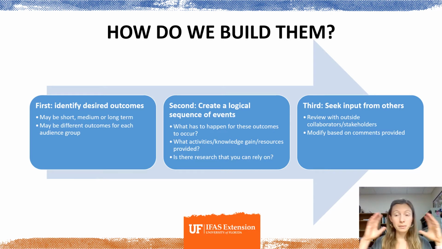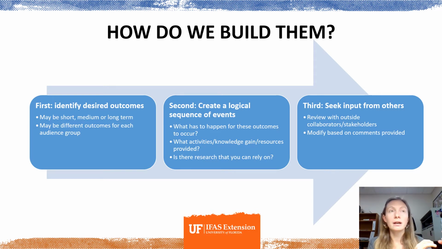That's a big picture, long-term outcome. A medium-term outcome associated with that kind of a program might be these institutions and schools have adopted healthy eating habits and walking breaks throughout the day, something like that.